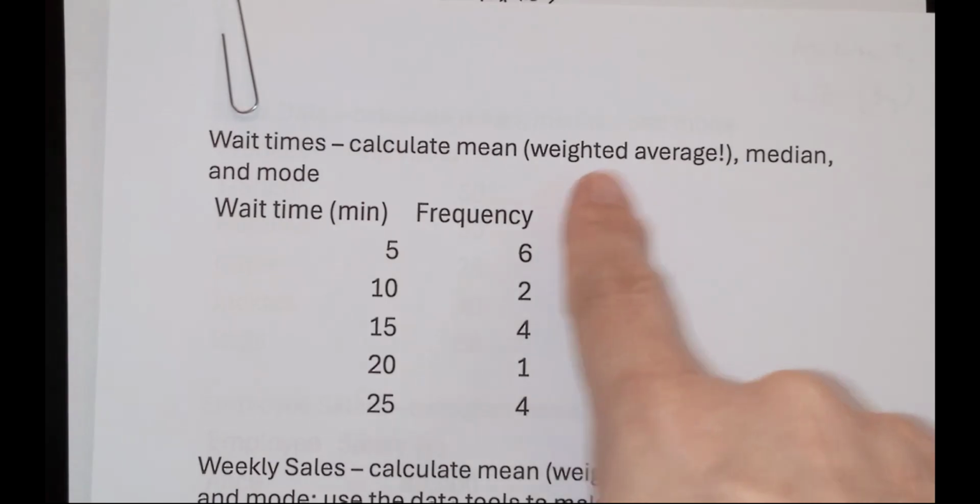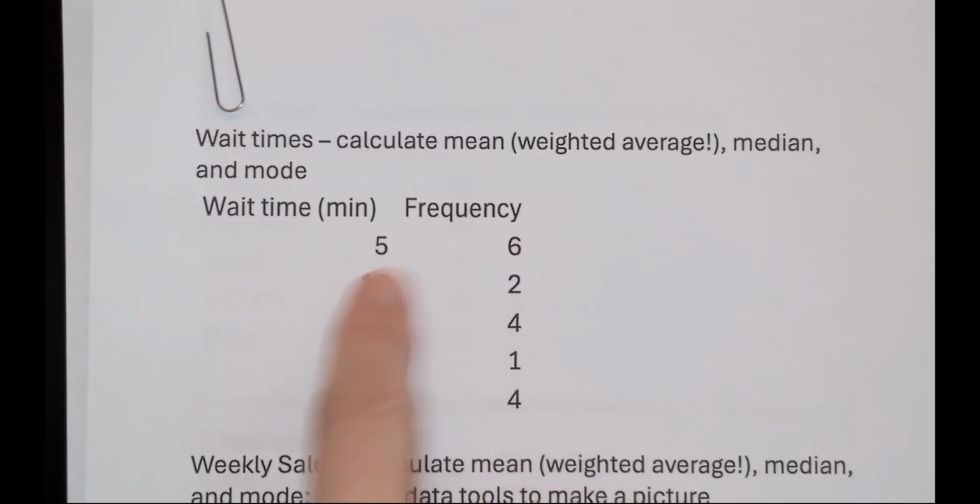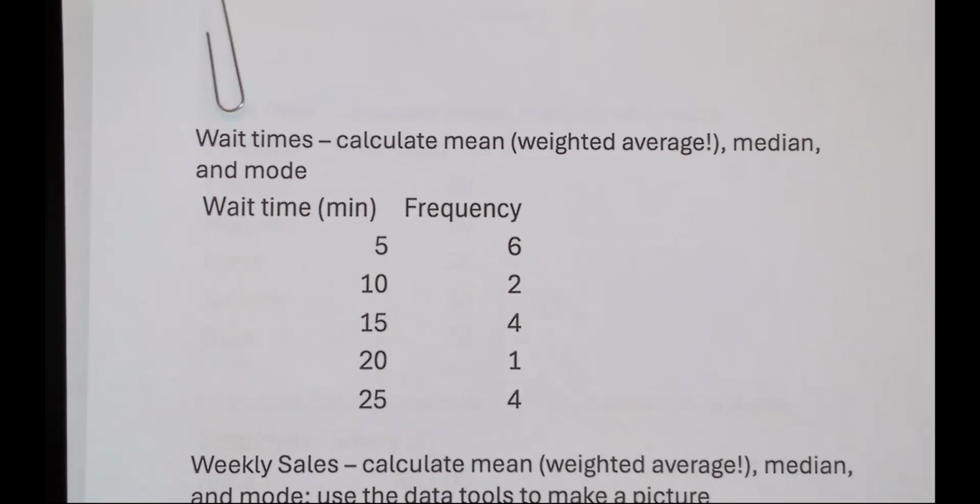This is referred to as a weighted average. Each of the numbers over there on the left, the wait times, has to be counted as many times as its frequency. So when I add up all the numbers, I don't just add these up, I multiply first. There's a command that will do that in one step in Excel.